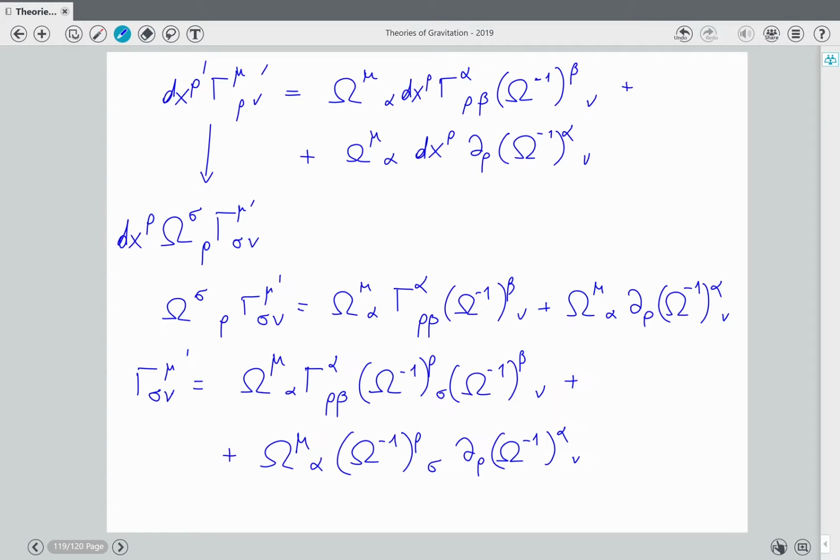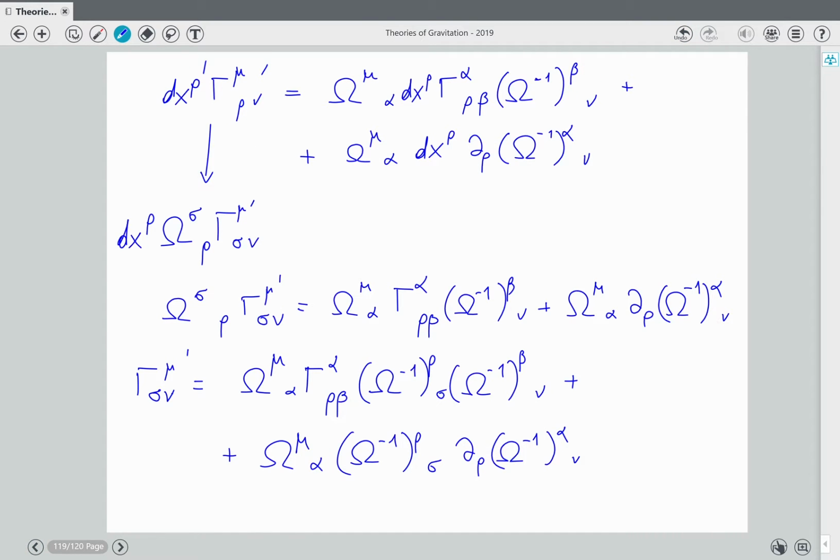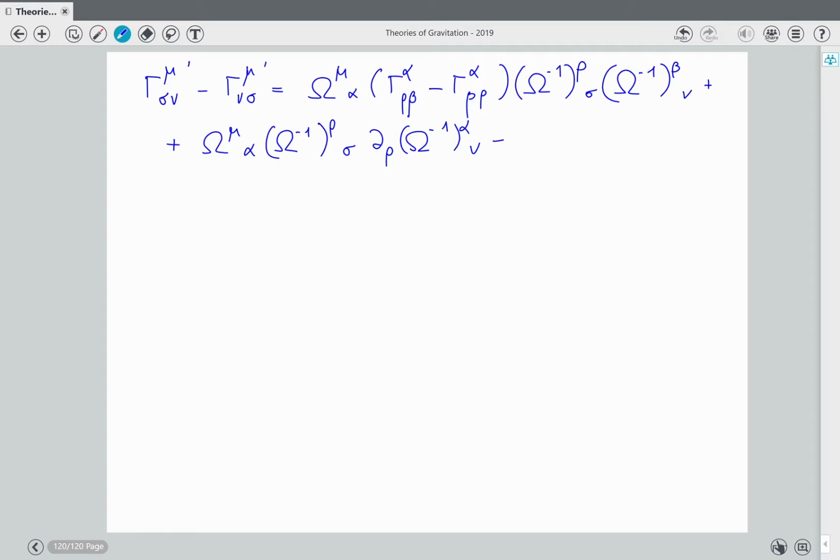So let's copy the rest: mu alpha omega minus 1 rho sigma partial rho omega minus 1 beta nu, alpha nu in this case, minus the same thing when you exchange sigma nu, rho nu partial rho omega minus 1 alpha sigma nu.